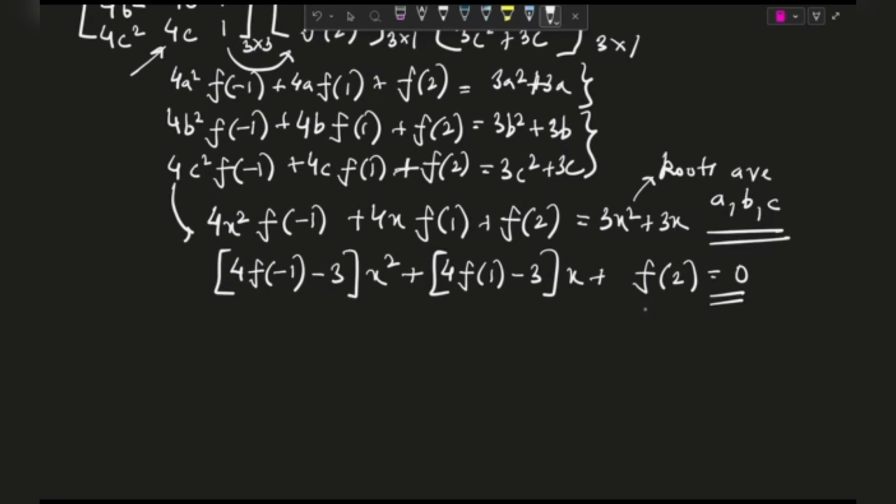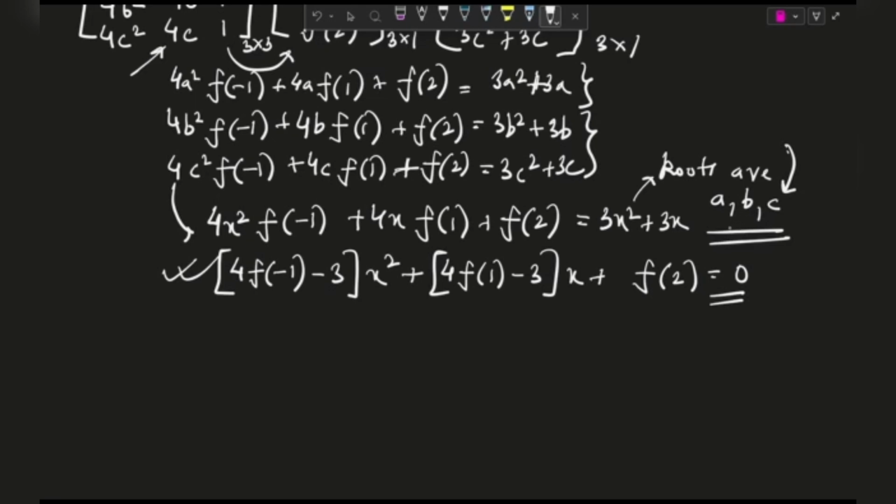And now what we have to do is, a quadratic equation is generally satisfied by at most 2 values of x, and only if it is satisfied by more than that does such a quadratic equation become an identity. And you know what an identity is, right? Like this expression is a quadratic, so it should have had 2 roots, but there are 3 roots, which means it is an identity.